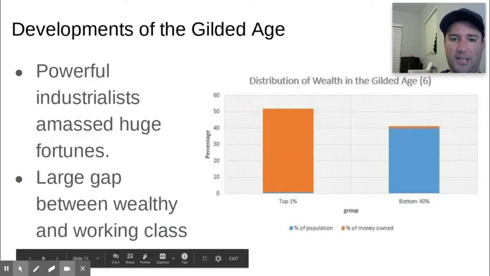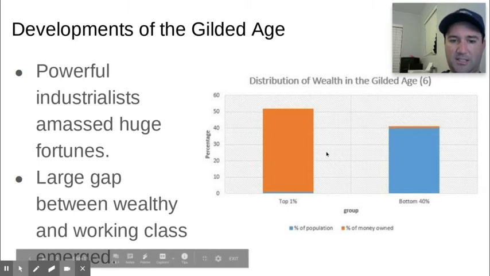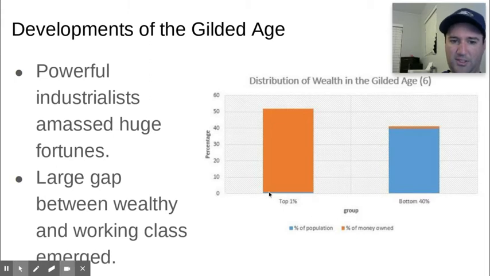Now, developments in the Gilded Age, and something we'll talk about a little more next time, is that you end up having these very powerful industrialists amass huge fortunes. And there becomes a very large gap between the wealthy and the working class. This graph gives you an idea: during the Gilded Age, the top 1% of the population owned roughly 50 to 53% of the entirety of wealth in the United States, while the bottom 40% of the population had only about 1%.